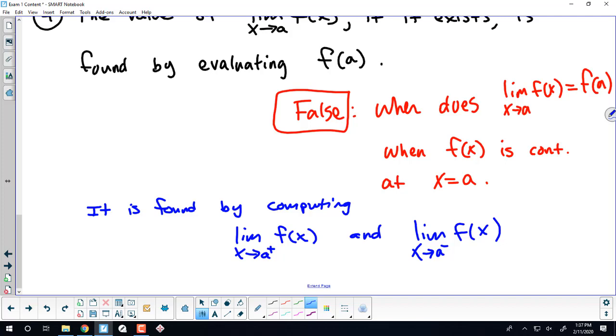So our question's still the same. What about this statement here? No, we would find it by computing the limit from the left and from the right. What do y'all think about that?